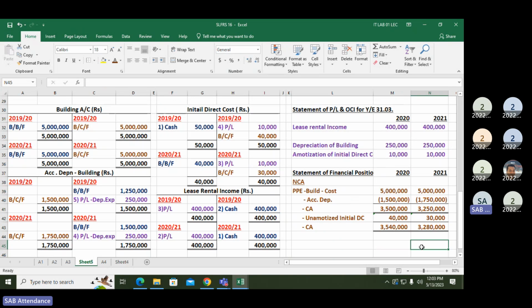From the lessee's point of view, same accounting treatment: right of use asset, lease liability, and you have to depreciate the right of use asset over the shorter of the lease term or useful life, or if ownership doesn't transfer, the earlier of the lease term or useful life. From the lessor's point of view, the lessor keeps the asset, the building, depreciates it, rental income is charged to P&L annually, and initial direct cost should be amortized over the lease term.